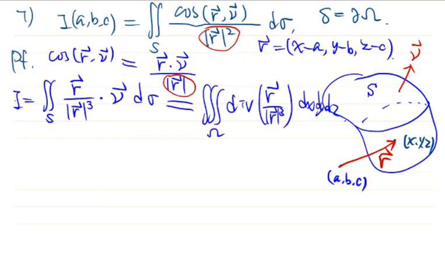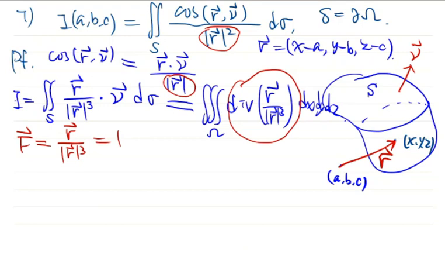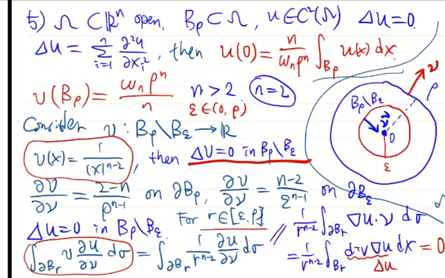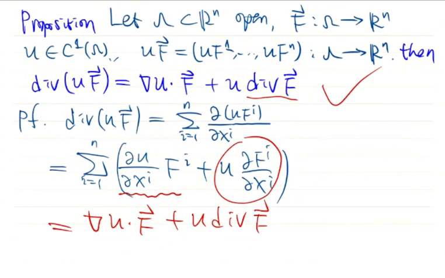Therefore we need to compute this divergence. This divergence is of this F. This F is a scalar function multiplying the vector function R. So we apply the previous result on the divergence of a scalar function multiplying a vector valued function.